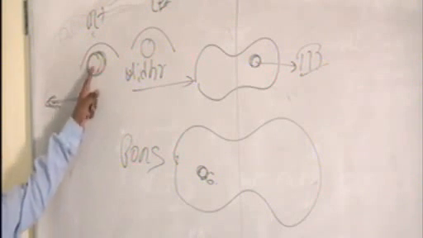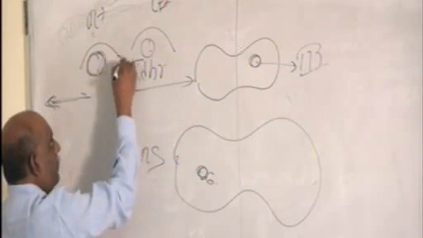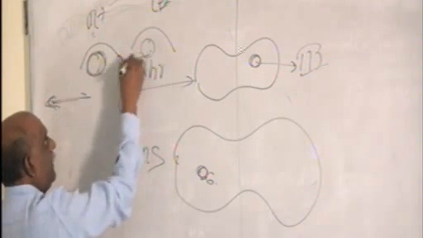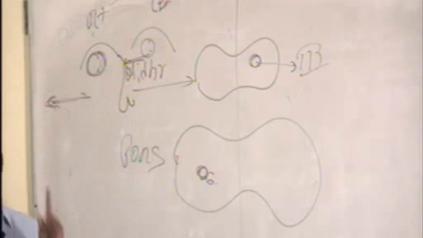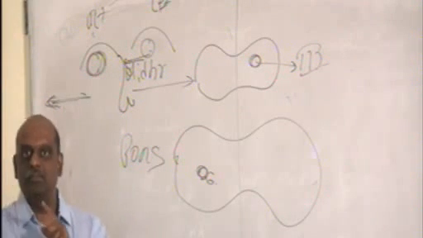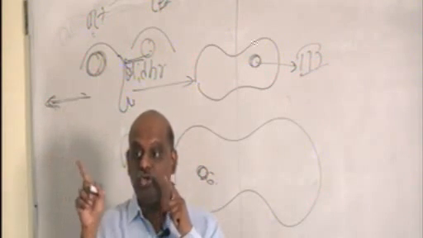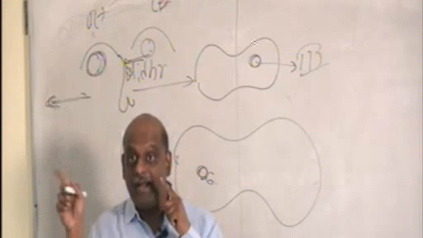But when the right eye is abducting, the left eye should undergo adduction, assume this is the nose, for you to look towards the right.